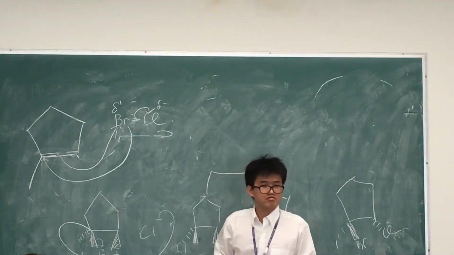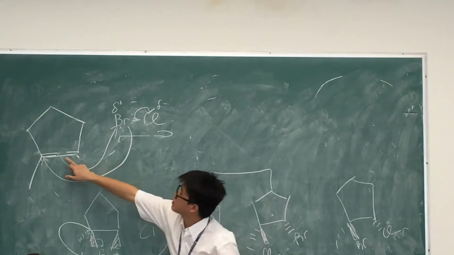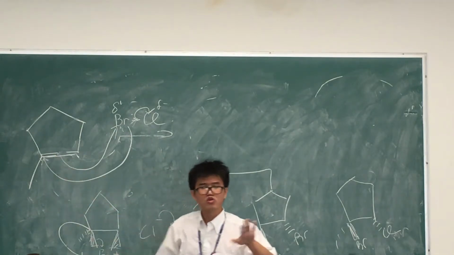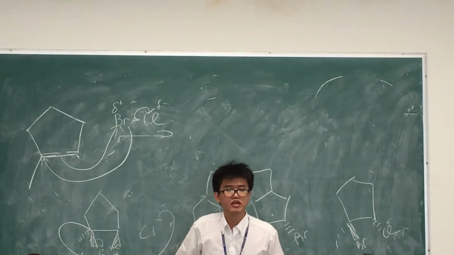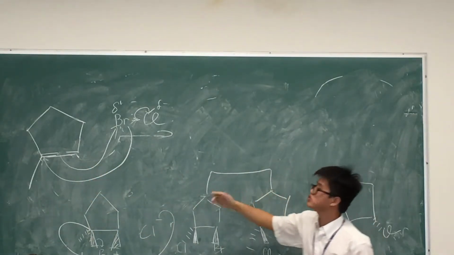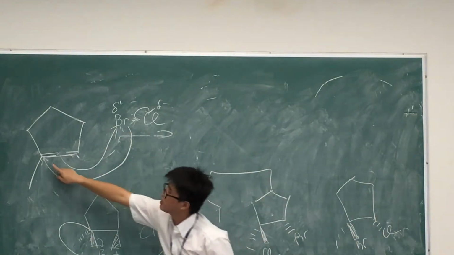Actually, the electrons from the double bond go to Br, and Br gives back to one of them to form the ring. We don't know if that's left or right, but you can choose to give it here or give it here.